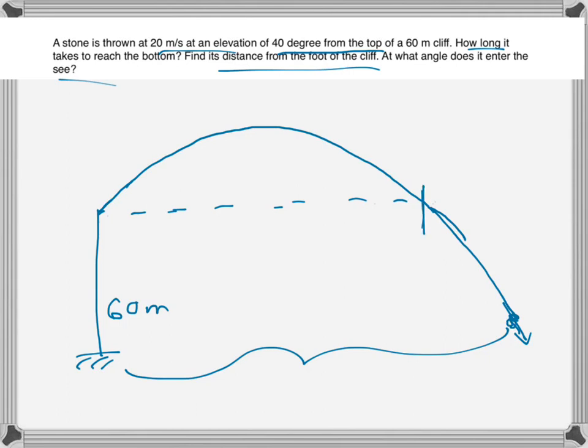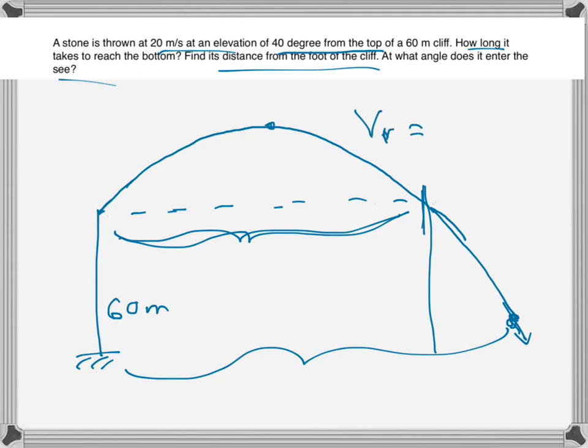So we can divide the flight path into two sections. One is this one, and we know when it reaches maximum height, the vertical component of the velocity will be 0. Using that, we can find the time it takes to reach here, up to here, and we will double it to find the time it takes to reach this point.